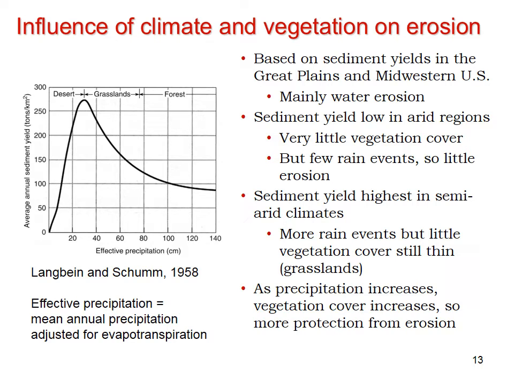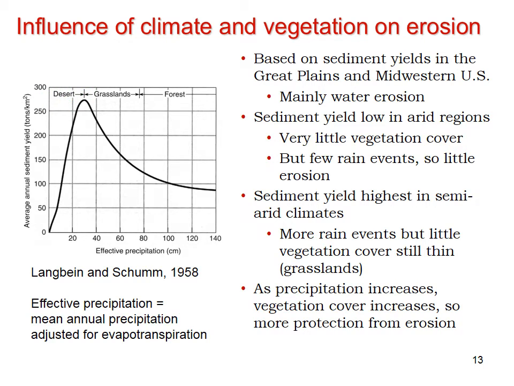So what we see on this graph is at the left side of the graph where precipitation is low, the arid regions, and you can see the vegetation types are labeled here up the top. So desert vegetation occupies the left side of this graph.